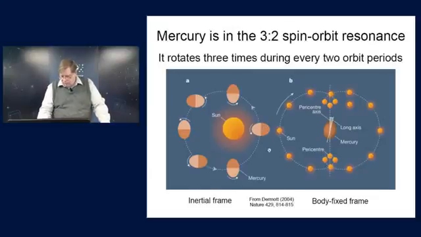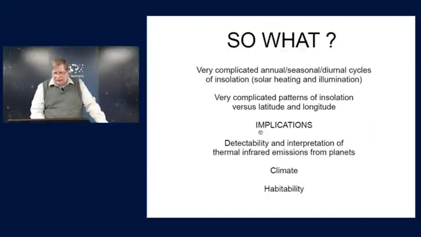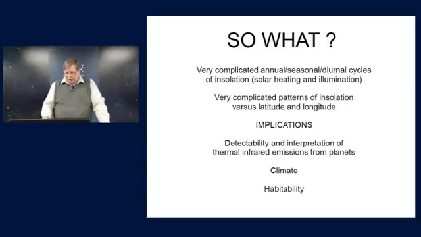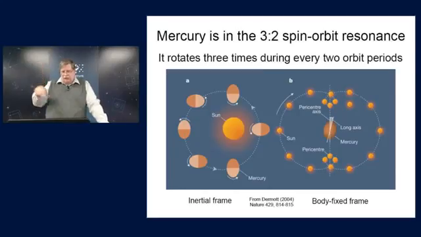So if you look at this as if you were riding on the surface of Mercury, you would see the sun going around the planet in this complicated double loop, where it tends to hang around the long axis of Mercury close to the planet, and then it goes around this long arc over the far from the short axis, and then it comes back around the other end of the long axis and repeats this situation. Now it's going in the opposite direction to the orbital motion. That keeps happening. So why do we care about this?